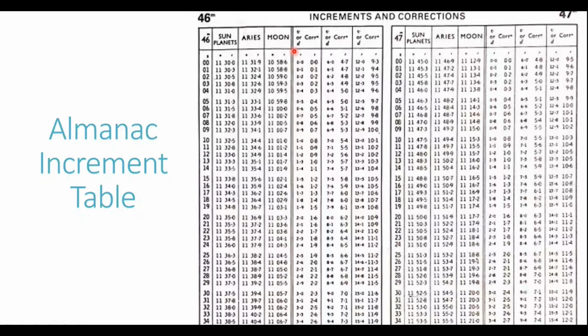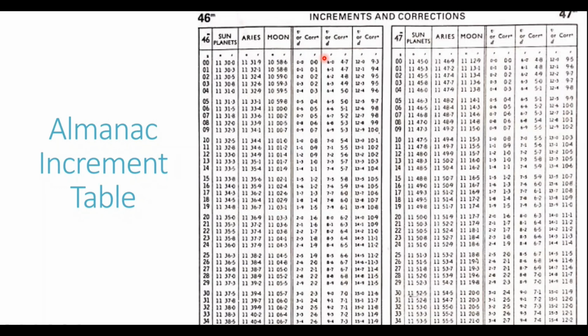Now coming to the next part of the table, you can see the next part of the table provides you the increment for V corrections and D corrections. So the V correction and D correction which were given in the daily pages of the Almanac were for 1 hour. Now for any particular minute and second, you can find out the increment of V and D correction from here.